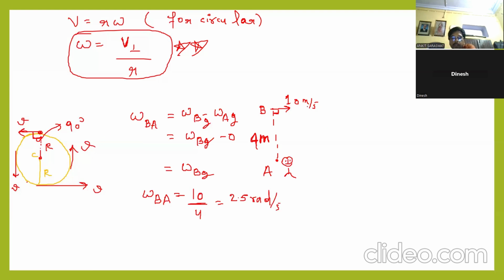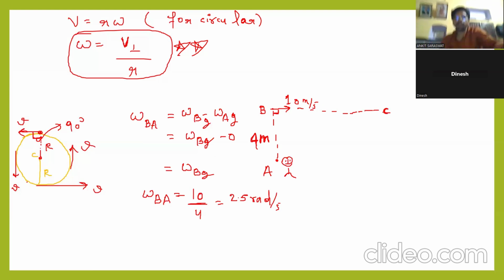Let us suppose after some time this particle reaches point C. If you are looking at this particle, B is here and the particle reaches the position C. Then you will move your head like this, and this is R. You will rotate your head.